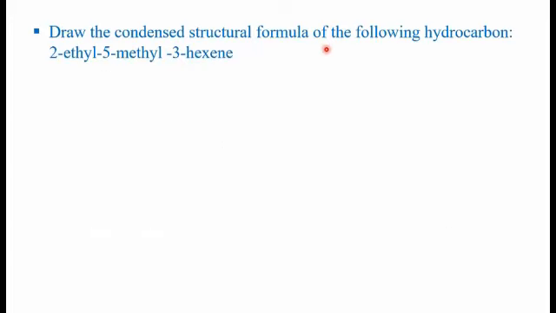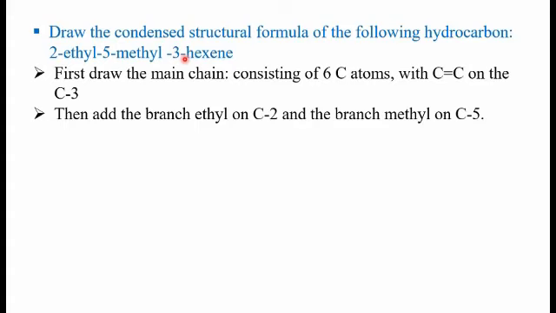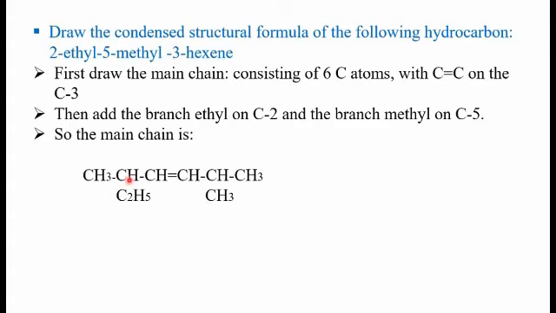Draw the condensed structural formula of the following hydrocarbon: 2-ethyl-5-methyl-3-hexene. First we start with hexene. We have 6 carbon atoms, and the position of the double covalent bond is on the third carbon atom. So we put the 6 carbon atoms, and we put the double covalent bond on the third carbon atom.